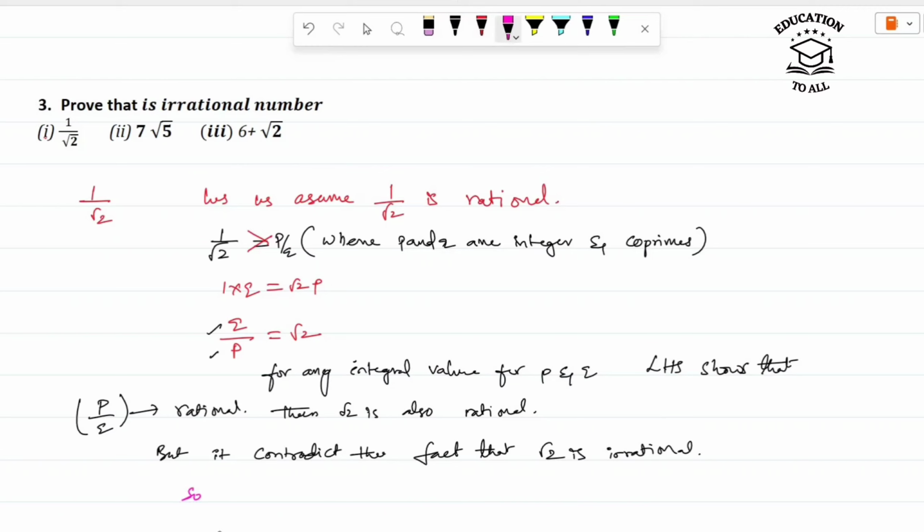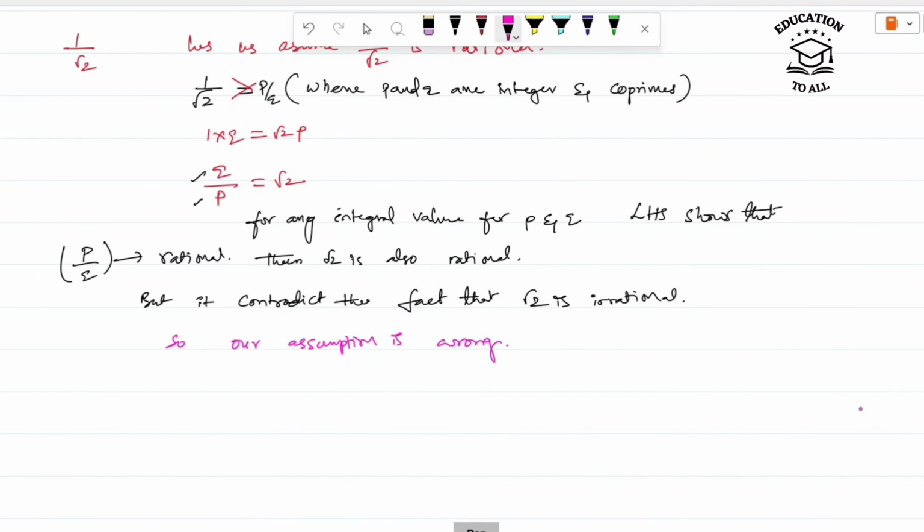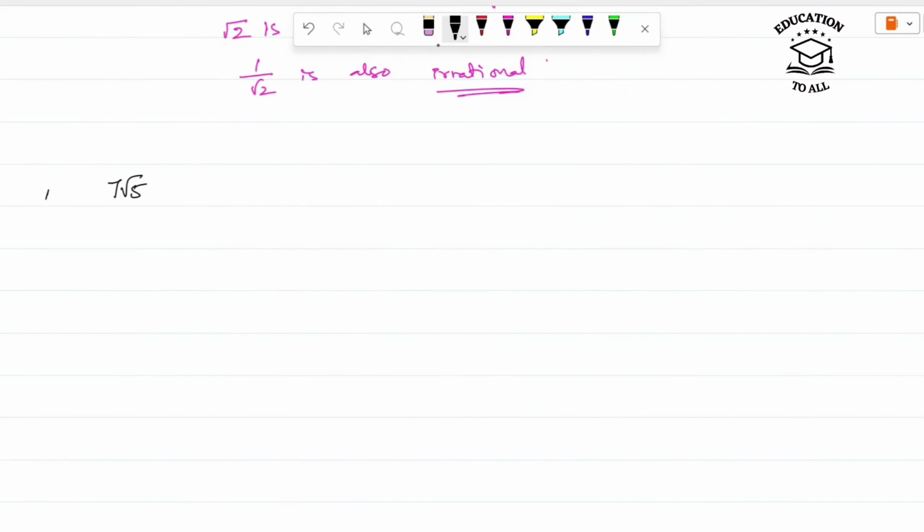So I can say that our assumption is wrong. I can conclude that root 2 is irrational. If root 2 is irrational, 1 by root 2 is also irrational. Got it?